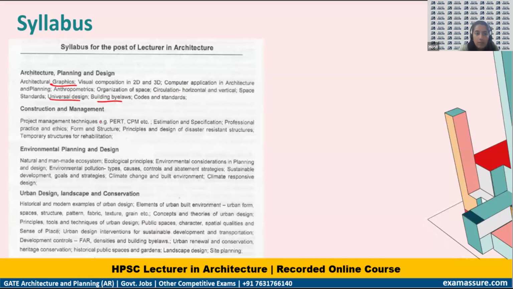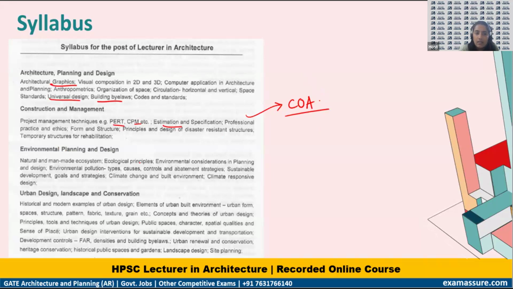If you look at construction management, what is PERT, what is CPM, also includes your estimation, valuation, professional practice. So here again, if I have to talk about professional practice, your COA related documents, COA rules will come into picture.